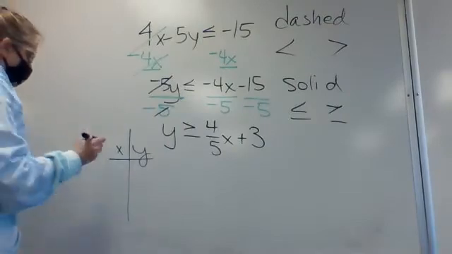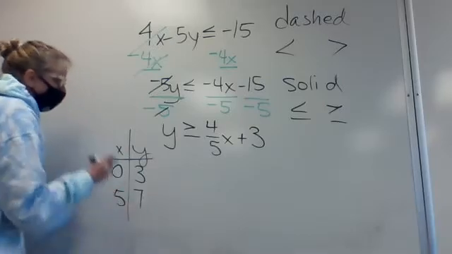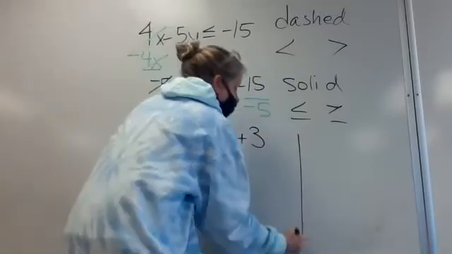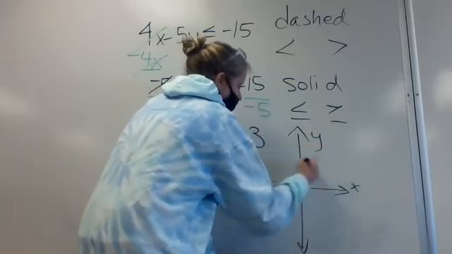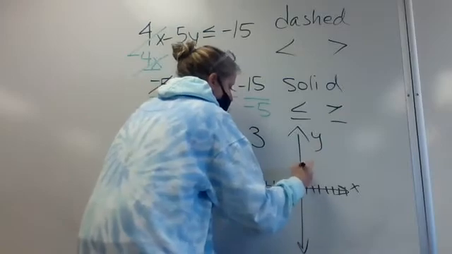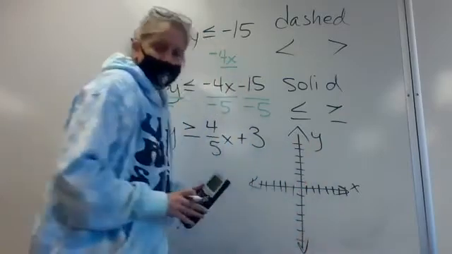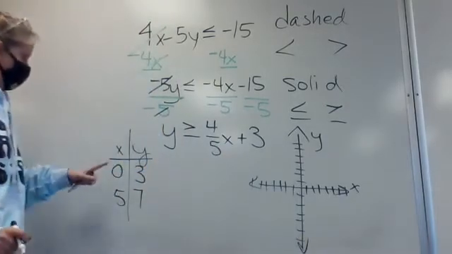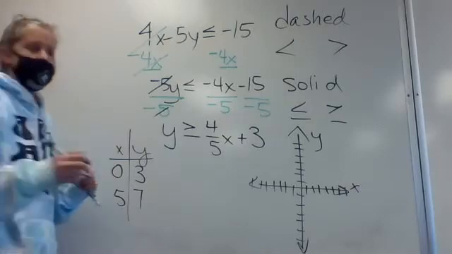So I see 0, 3 is a good one, and 5, 7 is a good one. So let's plot these 2 points, 0, 3, which will be left and right 0, up 3.